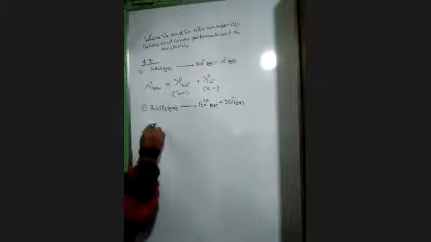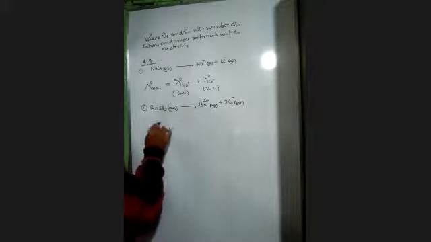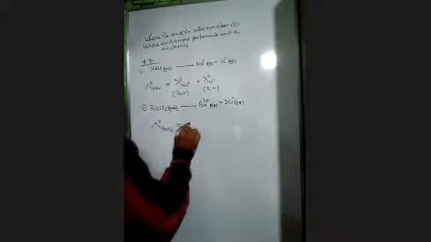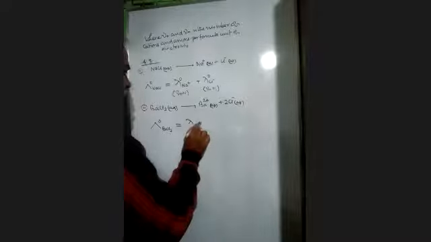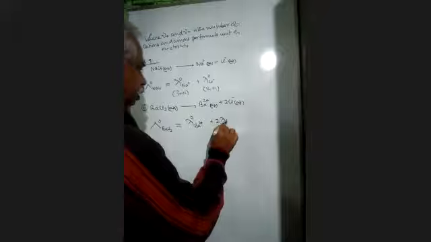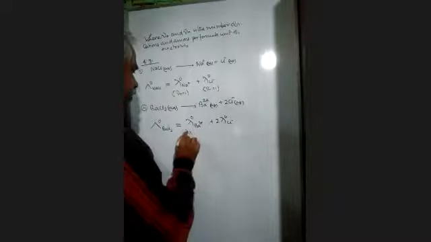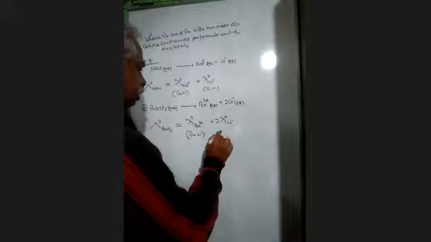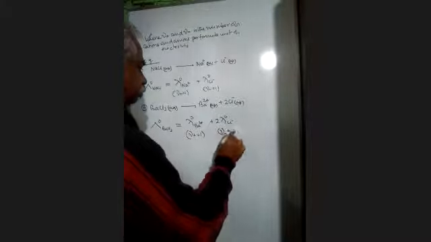So in that case, BaCl2 0 is equal to small lambda Ba2 plus and 2 small lambda Cl minus. So here nu plus is equal to 1 and here nu minus is equal to 2.